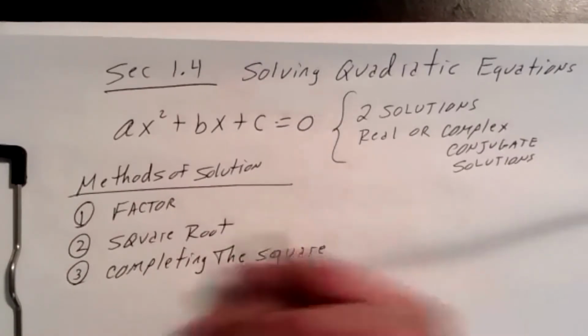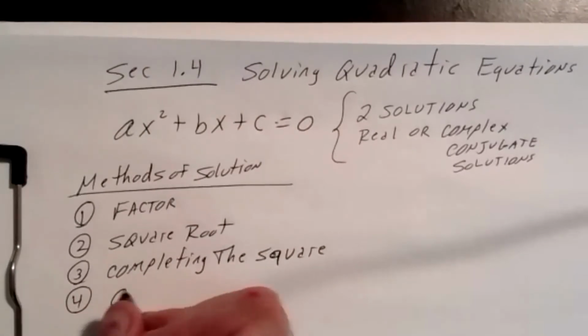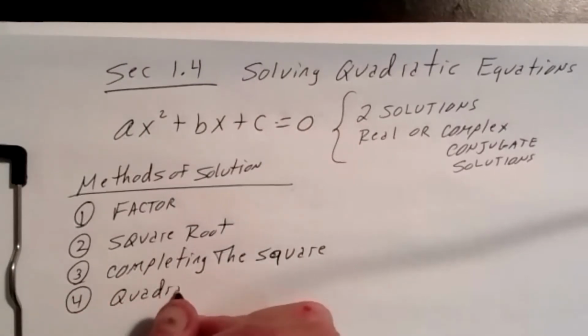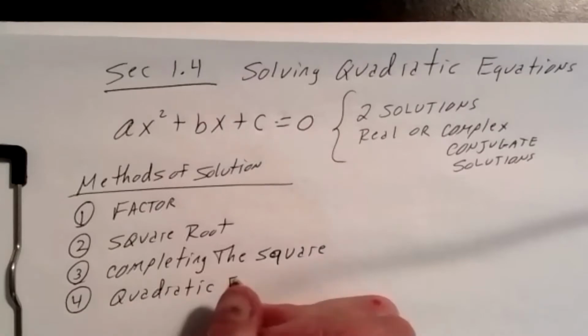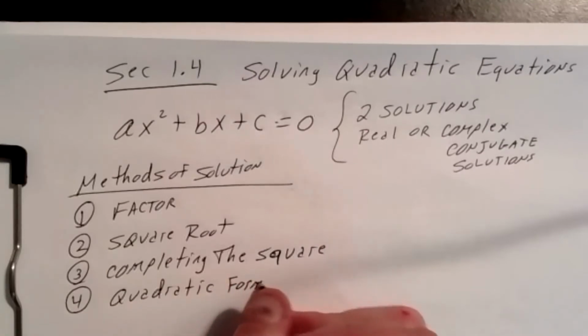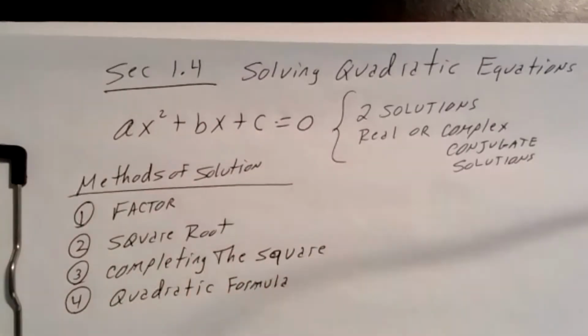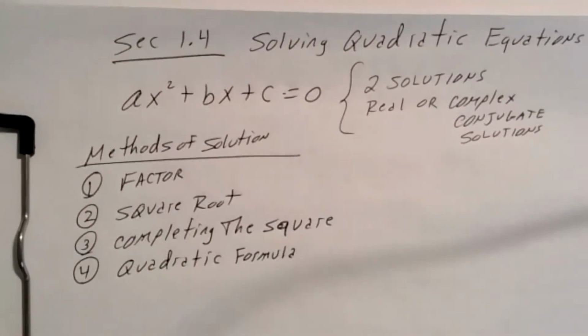And your favorite method, ladies and gentlemen, is the quadratic formula. Do any of these ring a bell? These methods of solution? Those are all the different ways of solving quadratic equations.